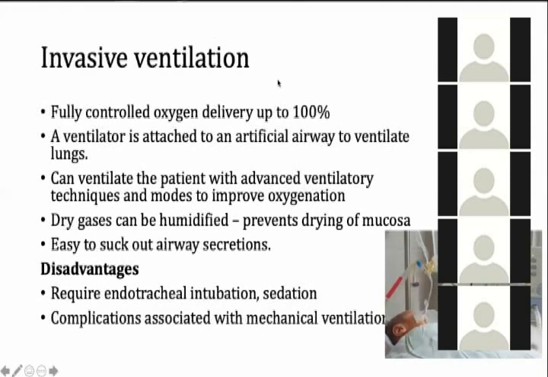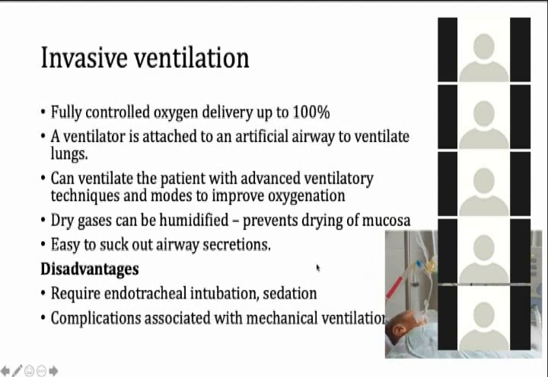This is what we call invasive ventilation, where we put an endotracheal tube. I hope you have heard about this term. When you have an endotracheal tube, you can maintain the patency of the airway, and not only oxygen, you can improve many respiratory mechanics, and you can improve their ventilation as well.